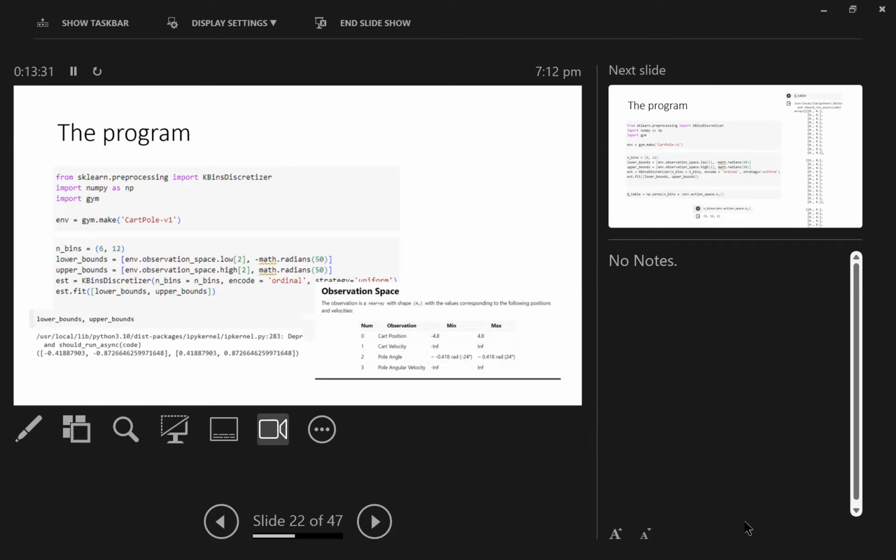In this range of values, say from minus 24 degrees to positive 24 degrees, suppose we use 6 bins to divide it. So minus 24 to minus 18 will be one bin, minus 18 to minus 12 will be the second bin, and so on. Basically, we divide the angle into 6 consecutive intervals, and each interval is a bin.